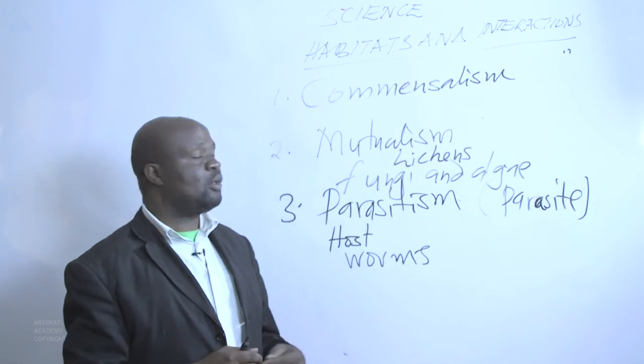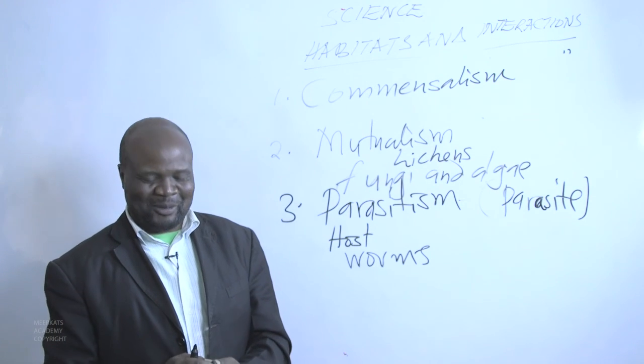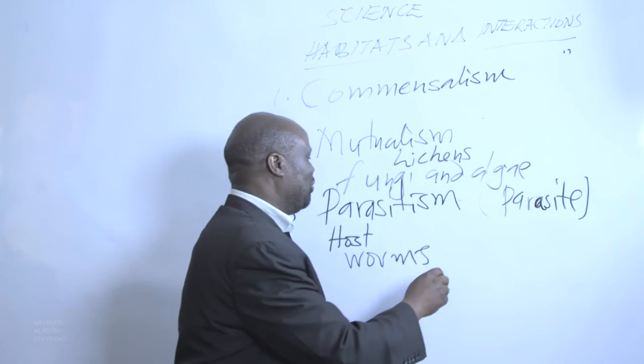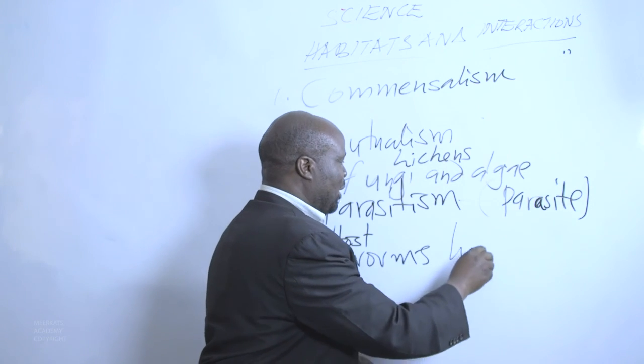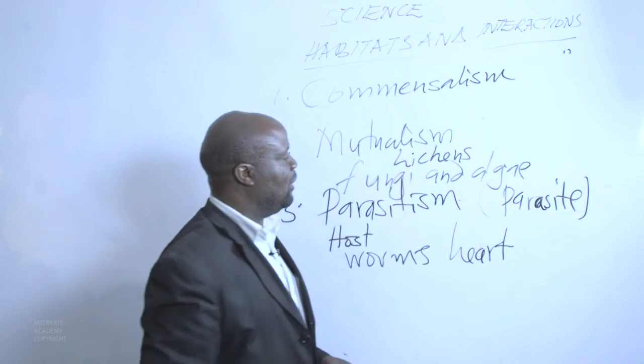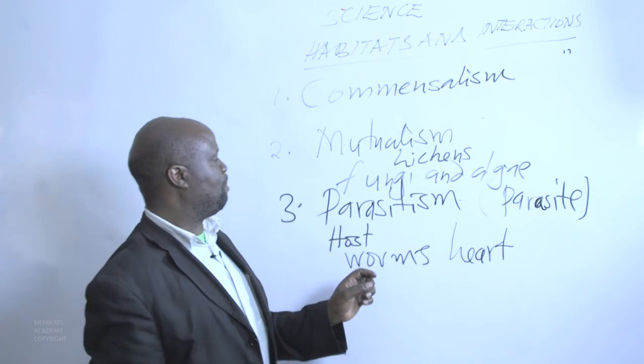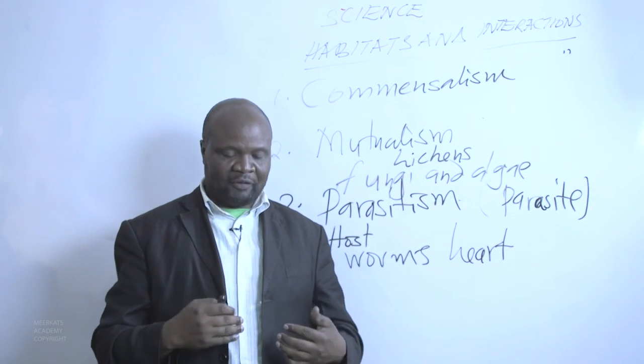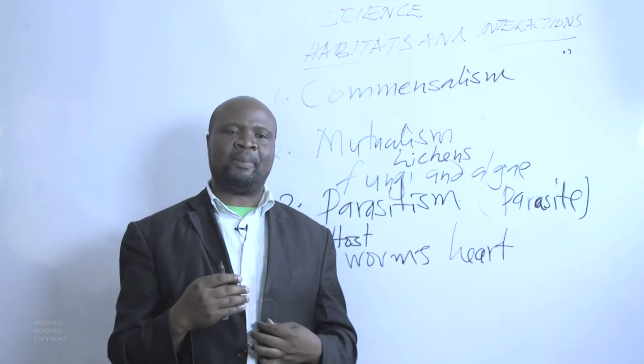Also, we can talk of worms that affect dogs. We are told dogs have a kind of worms that affect their heart. So this kind of worms will be able to grow in the heart of a dog, and they will be able to multiply.